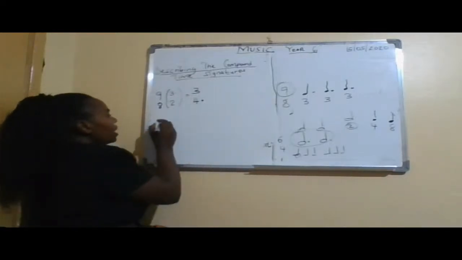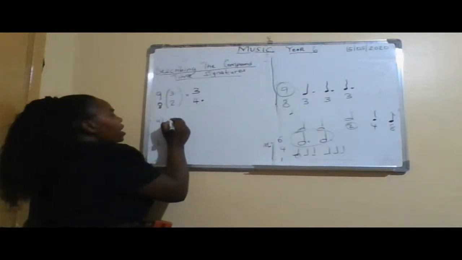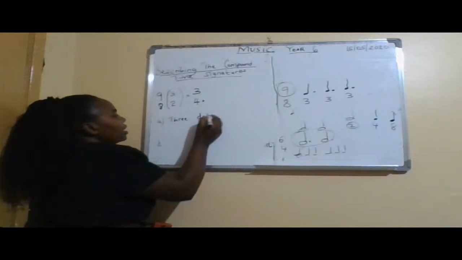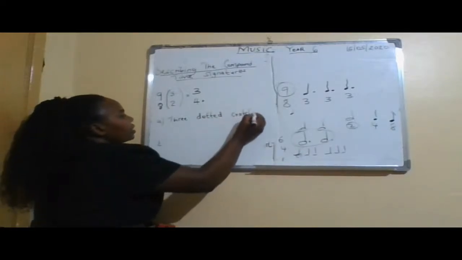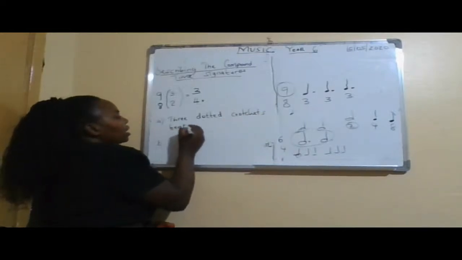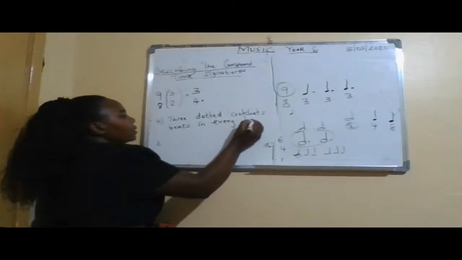So the first way is 3 dotted crochet beats in every bar.